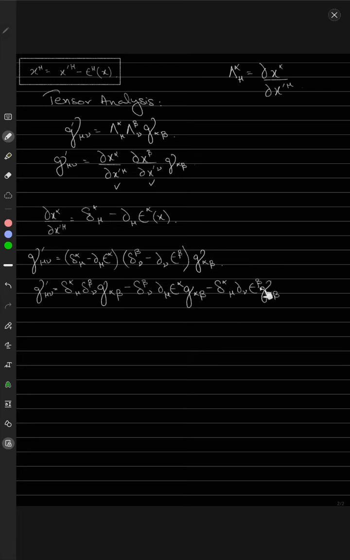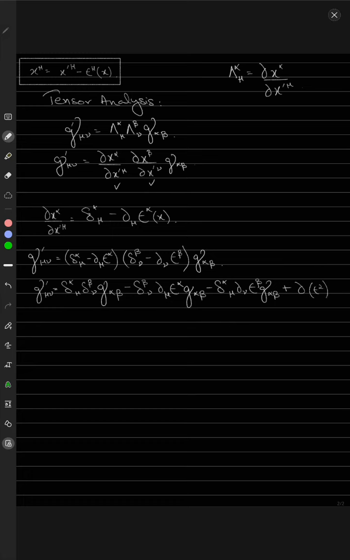All right, and then we would have another term which we are going to ignore because it's a higher order term. I'll tell you why. You'd have partial epsilon times partial epsilon, so that would be something like epsilon squared.